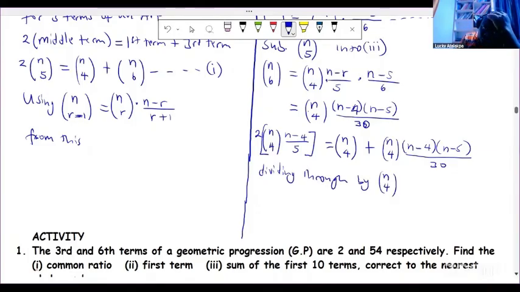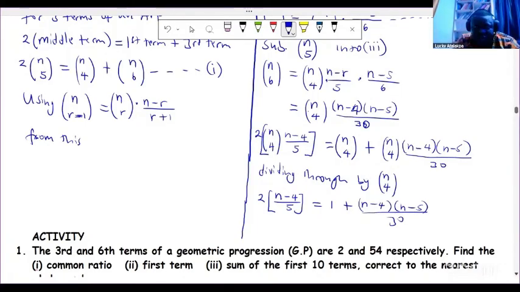So if you divide through, this becomes 2 into n minus 4 over 5. This will turn to 1. This n combination 4 will go, so this will be n minus 4, n minus 5 over 30.